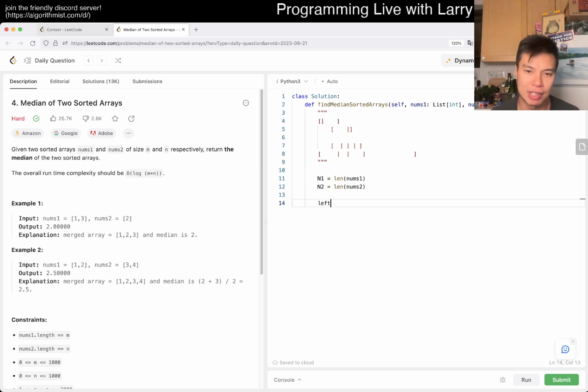So let's just define the bounds then. Left1 is equal to 0, right1 is equal to n1 minus 1, right? Yeah. And then left2 is equal to 0, right2 is equal to n2 minus 1.